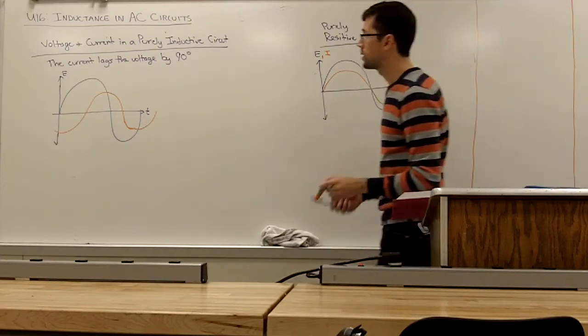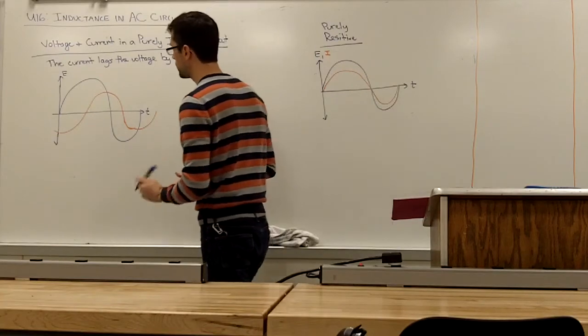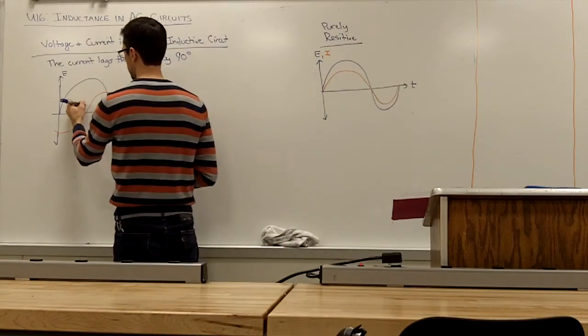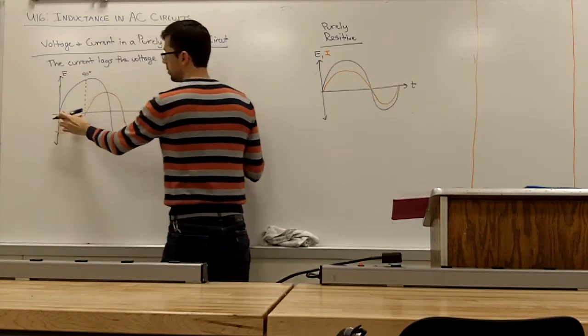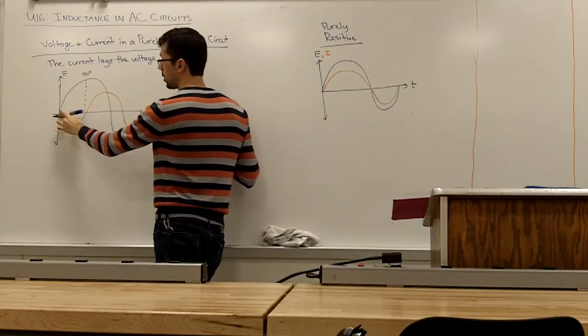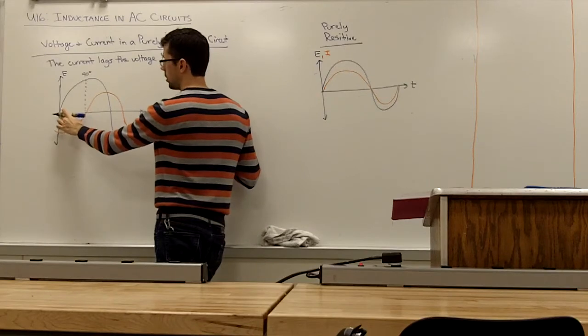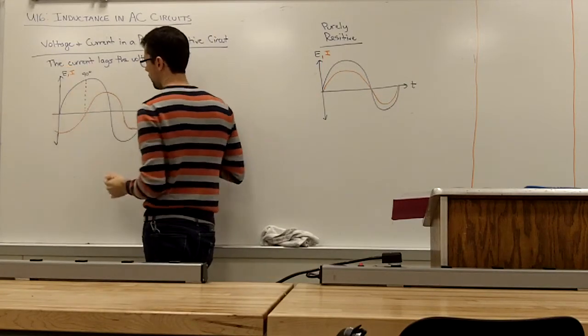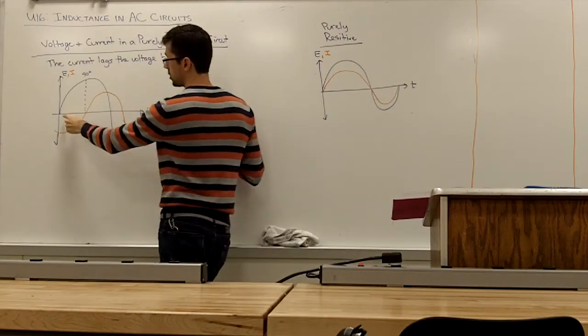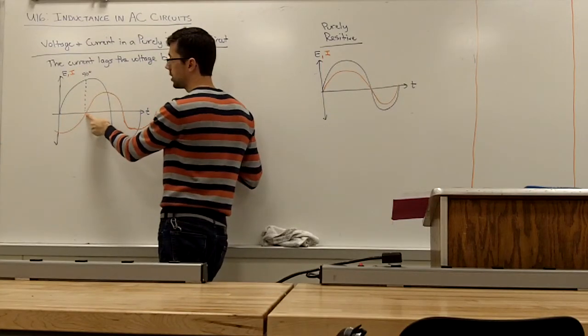And so when I say the current lags the voltage by 90 degrees, I took a look at 90 degrees, which is right here. So we notice that at t equals 0, time starts at 0, the voltage starts at 0. However, the current doesn't start at 0 until 90 degrees of time later.